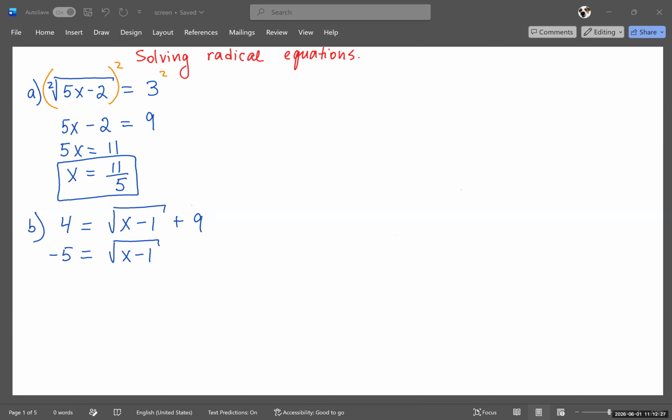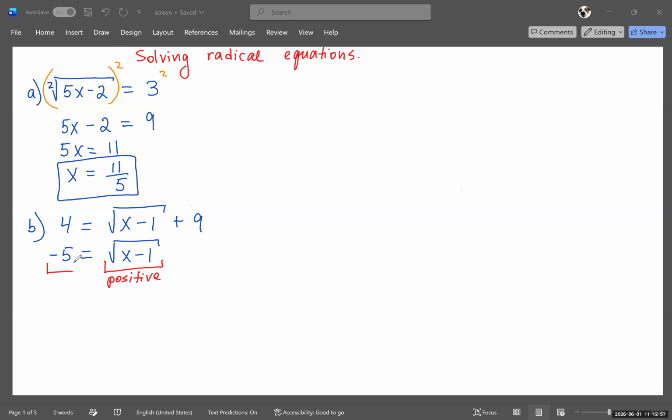Now, before we go any further in solving this, I want to point something out. When we're looking at the square root of x minus 1, that square root is already shown with a positive in front of it. It does not have a minus in front of it, so it is supposed to be positive. So on this one, we are looking at the positive root of x minus 1.